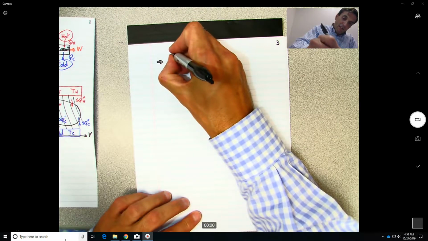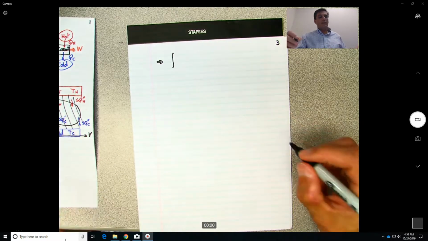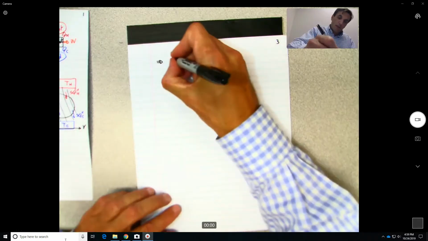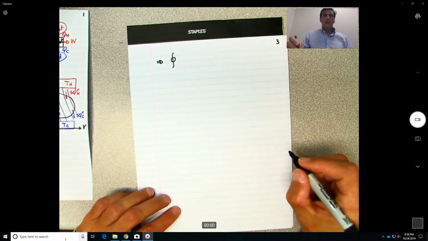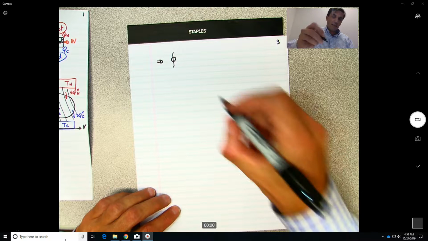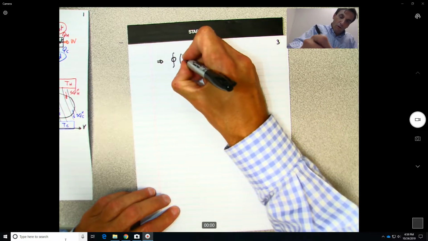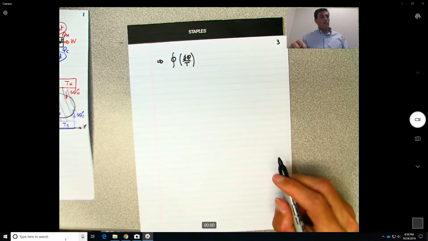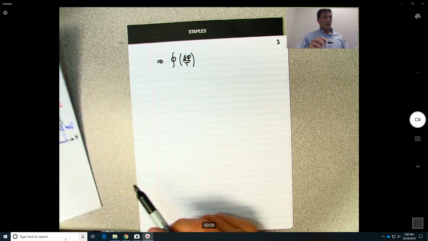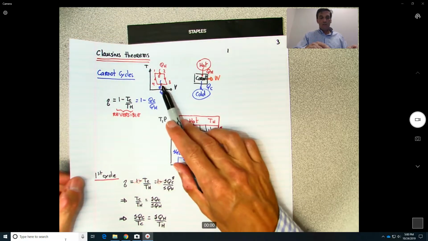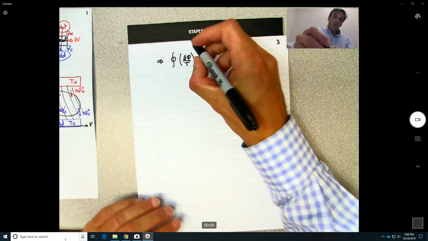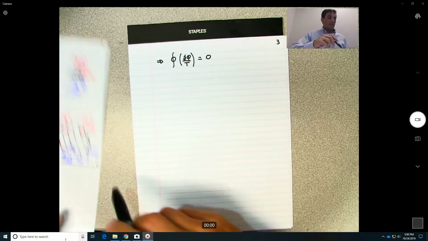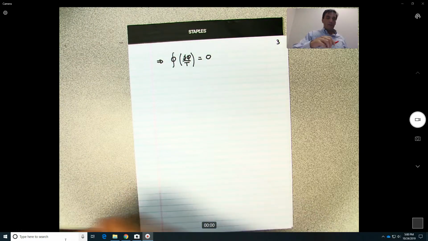So you can replace the summation sign by the integration sign, and here we go around a closed loop. Now we simplify this by the expression: the summation of all the delta Q over T. If the system is reversible, as was our assumption, this is for a reversible cycle, a Carnot cycle, and this should be equal to 0. And this is actually the first part of the Clausius theorem.